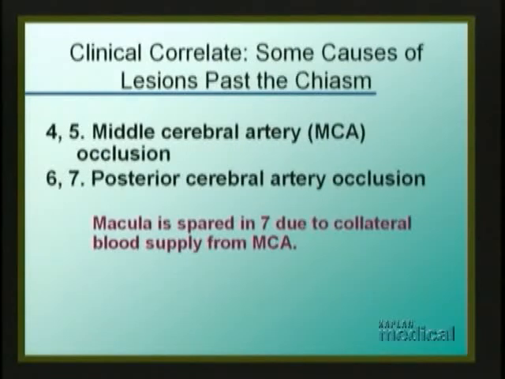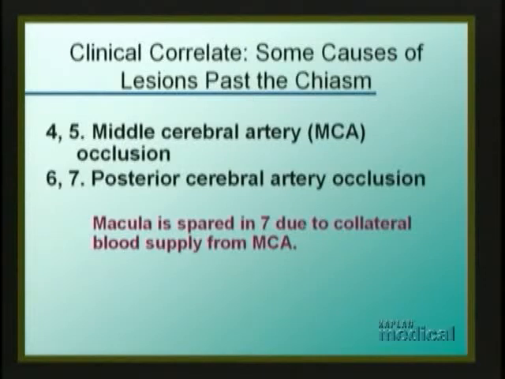So, in summary, obviously, most of the lesions past the chiasm result from vascular insults. Basically, lesions to the optic tract and/or the proximal parts of the visual radiations comprising Meyer's loop involve the middle cerebral artery.